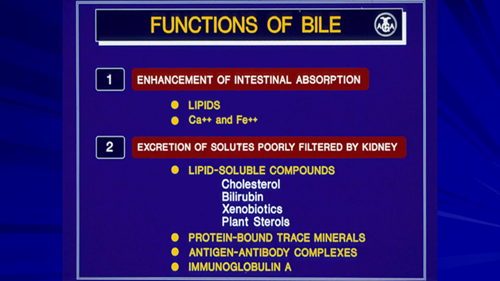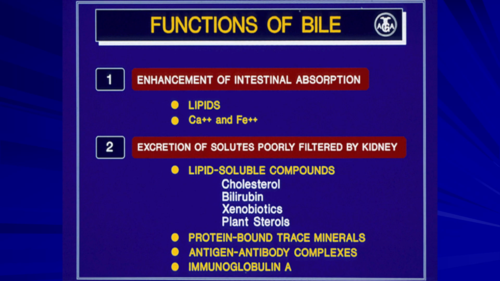And why do we care about bile? Because bile is involved in a multitude of vital functions. One of the most important ones is the enhancement of intestinal absorption of lipids, calcium, and iron. And this is by virtue of the fact that bile acids or bile salts are amphipathic molecules.